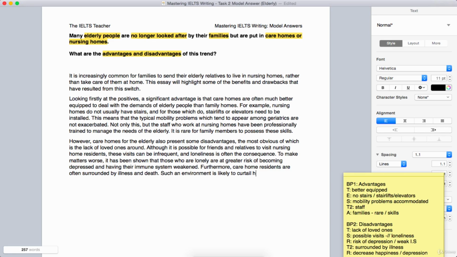Is likely to curtail happiness, and I used the verb earlier, trigger, which is very useful for depression. We talk about triggering depression, and there's a nice collocation here, severe. We talk about severe depression. Very serious is another one, serious depression, so very strong. So trigger severe depression. Okay, so we're showing our understanding of collocations throughout.